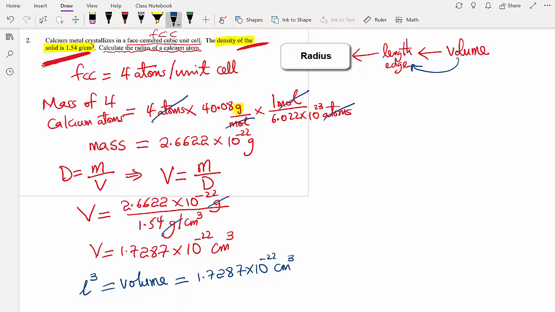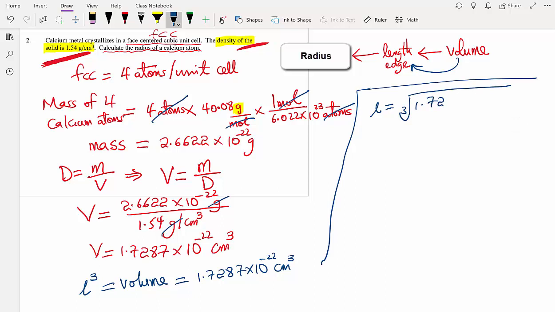And if you find the cube root of both sides, you will see that the length of an edge of the unit cell will be the cube root of 1.7287 times 10 to negative 22 cubic centimeter. That should give you a value of 5.57069 times 10 to negative 8 centimeter.